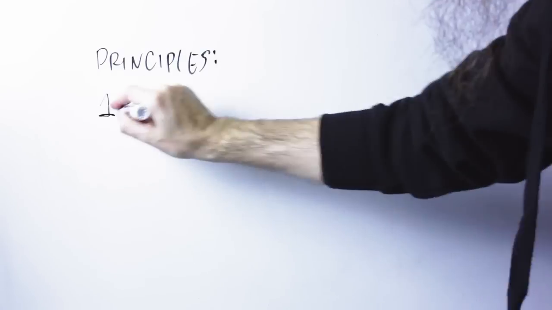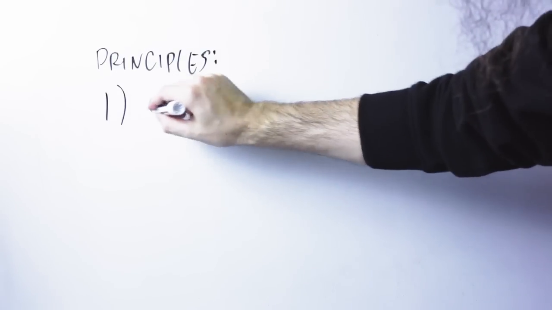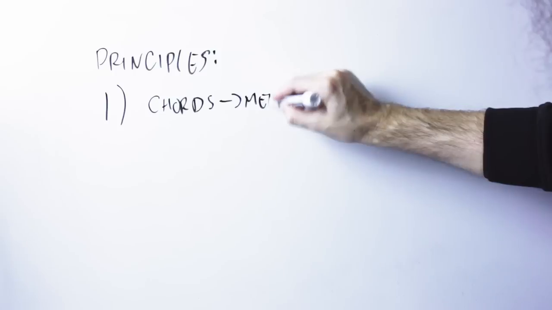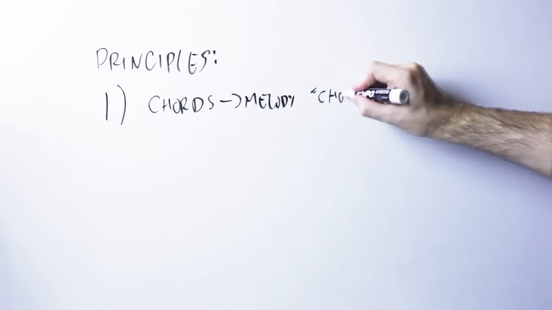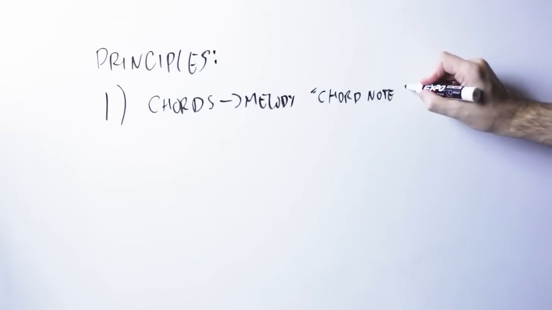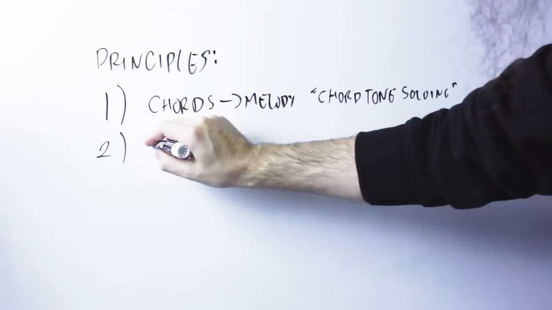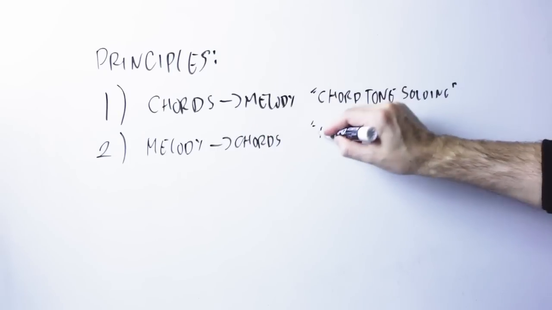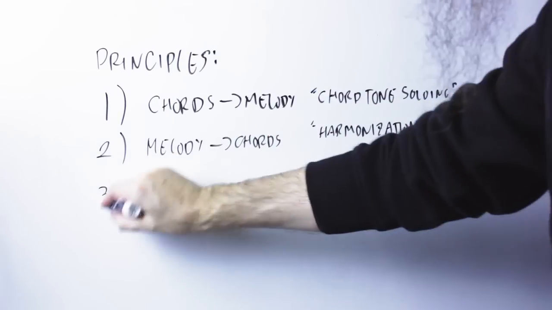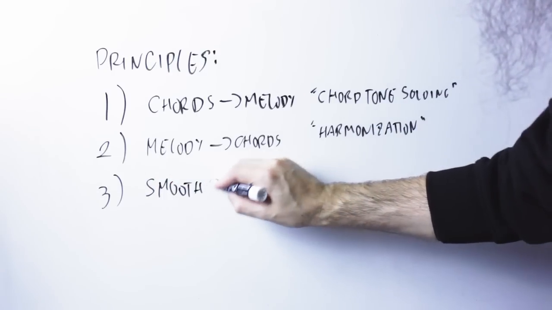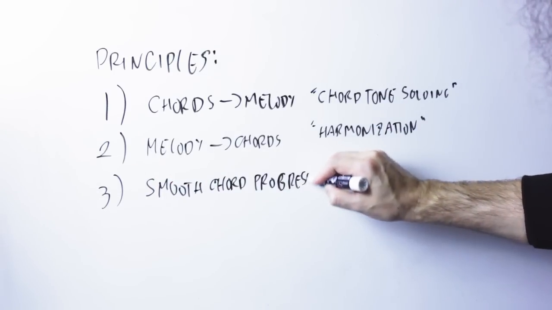So again, the three principles. You can go from a chord progression to a melody, so creating a solo, improvising a melody, all these kinds of things, by picking notes of the chords that are playing in that moment. The principle of chord tone soloing. You can go from a melody to a chord progression by using chords that contain the notes in the melody, the principle of harmonization.